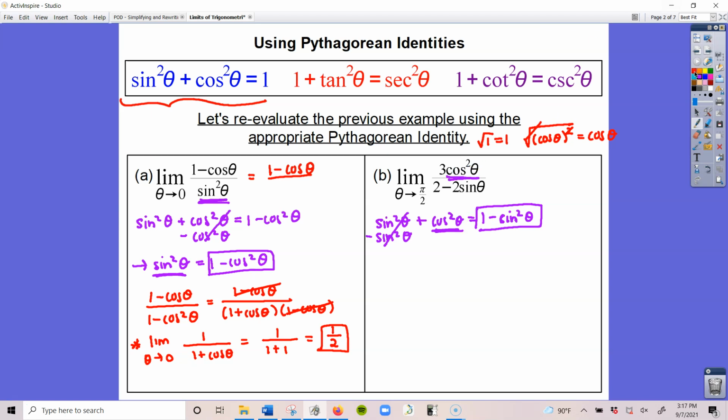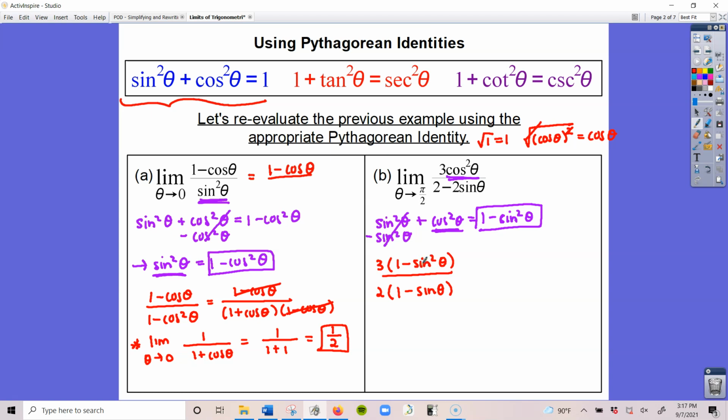So let's rewrite this. This would be 3 times 1 minus sine squared theta over, in the denominator, these two terms have a 2 in common, so we can take out a 2, and that will leave me with 1 minus sine theta.